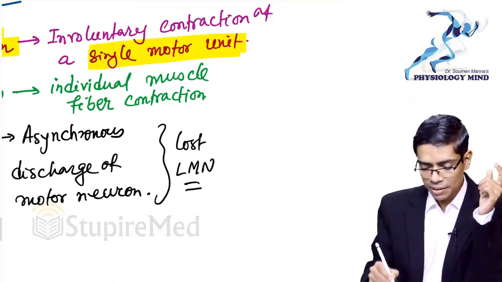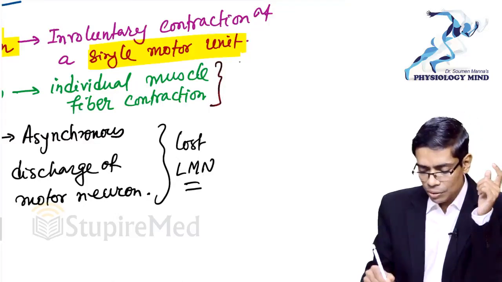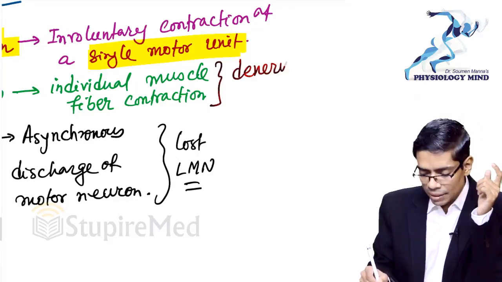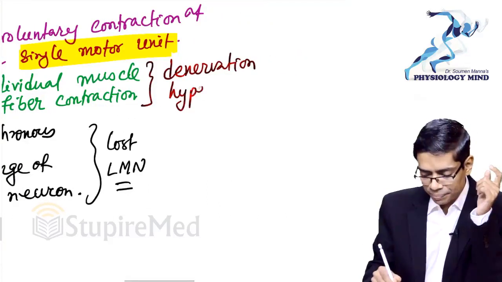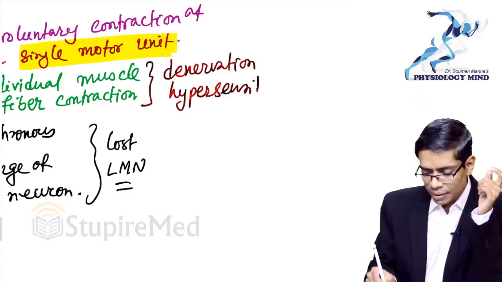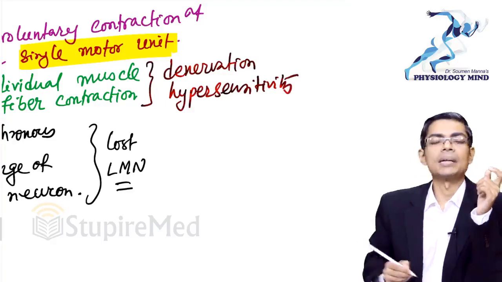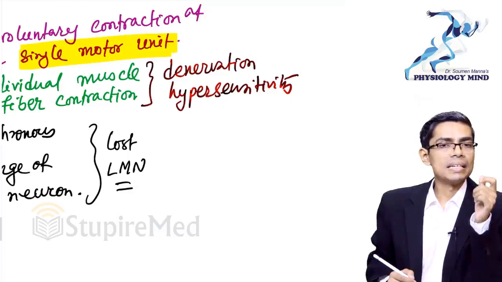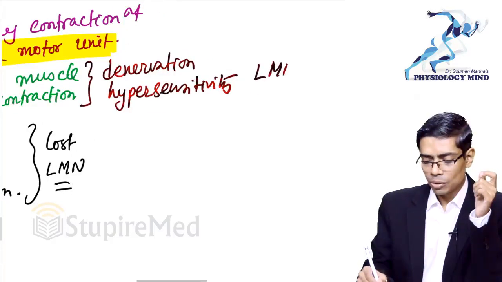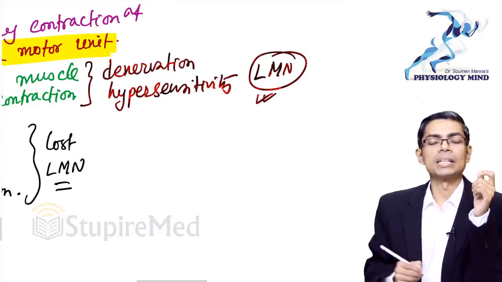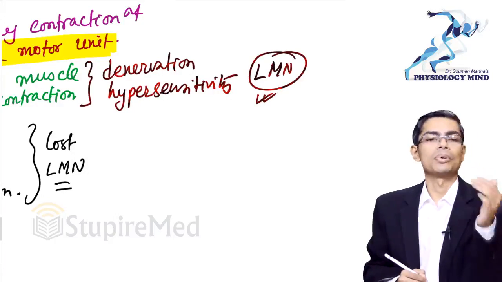What is the reason for this contraction? This is due to denervation hypersensitivity, and this will also be seen in case of lower motor neuron disease, but when the disease has usually progressed.